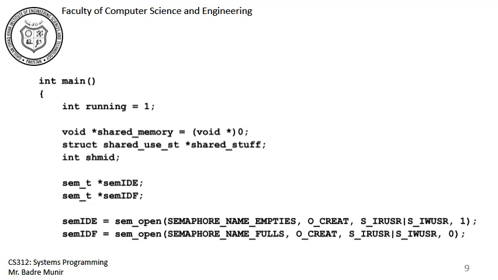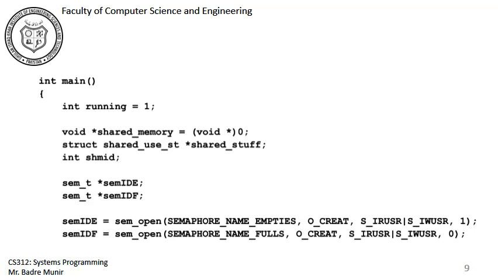Continuing with the code of the consumer process, you would see that we have two pointers declared of semaphore type, and these are going to be used to store the return value of semOpen. You will notice that semOpen is called twice along with the O_CREAT flag. The first call is going to create the empty semaphore.